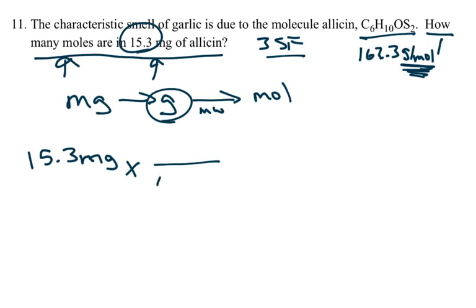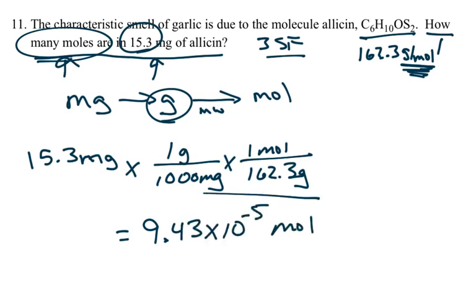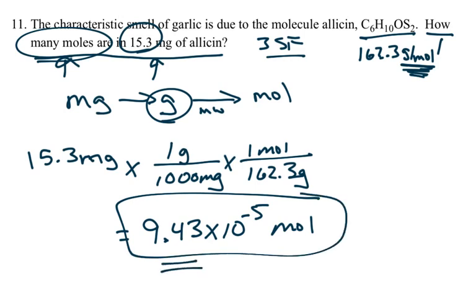So there are 1,000 milligrams in a gram, 162.3 grams in a mole. It said how many moles, so we're done. All right. Equals 9.43 times 10 to the minus 5 moles. 3 sig fig. So that's why we have 3 numbers there.